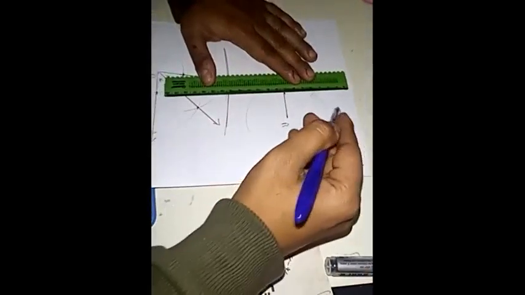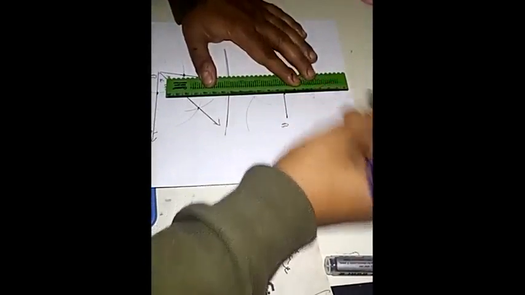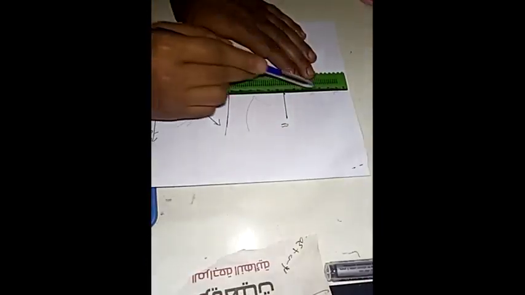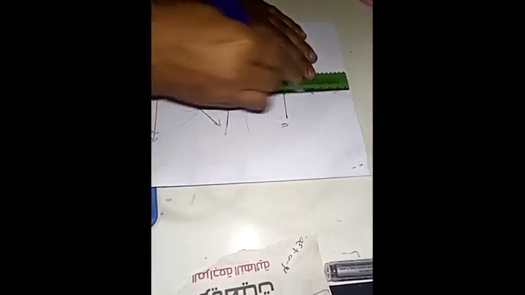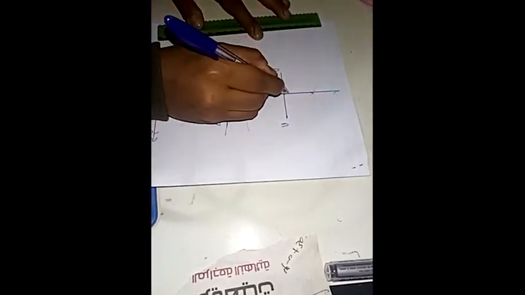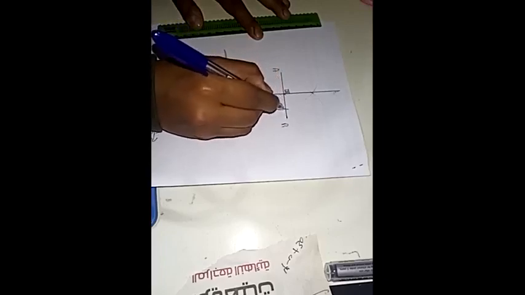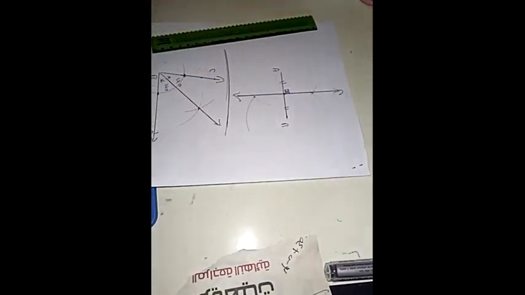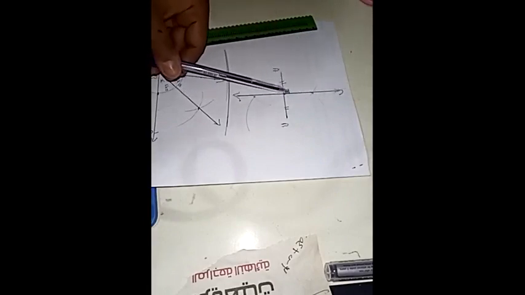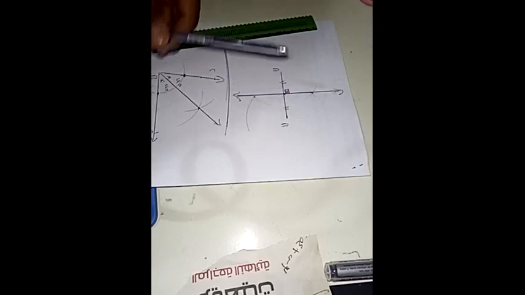Connect between this intersection and this intersection. So now we have this axis of symmetry. What is the definition of axis of symmetry? Perpendicular from the midpoint of the line segment. Our definition is: axis of symmetry is perpendicular from the midpoint of the line segment.